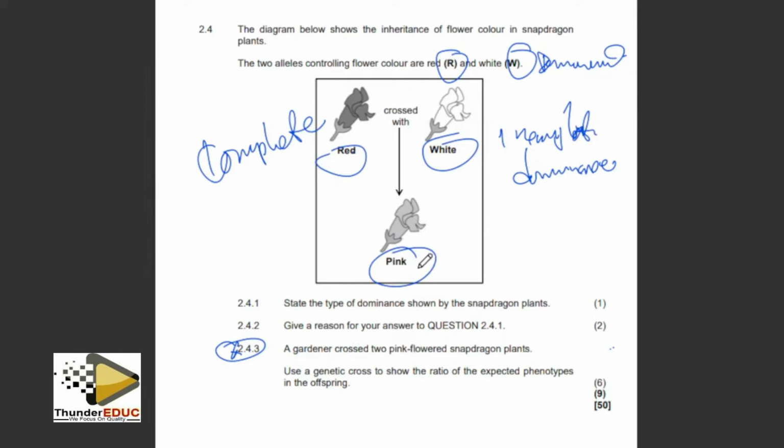Pink is found in the second generation. Therefore, it won't be P1 F1, it will be P2 F2. In most cases, students lose that mark. If it is the second generation, then you say P2 F2. If the first generation, then you say P1 F1.